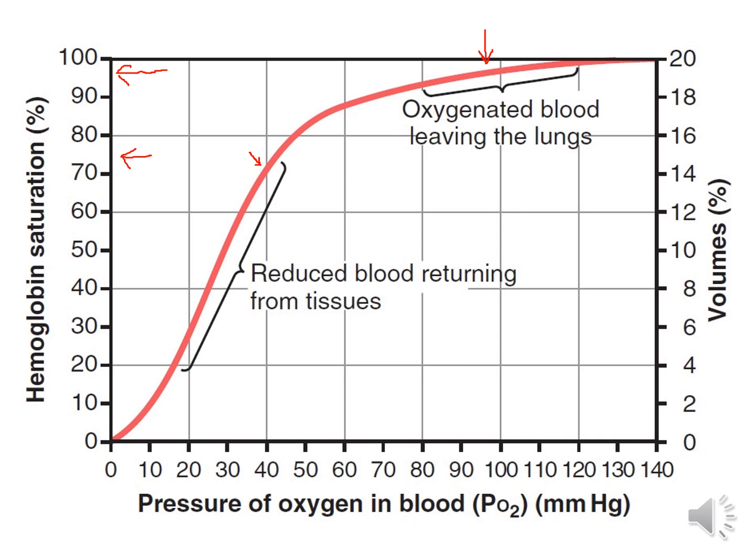And on the right side, the y-axis represents the hemoglobin saturation percent, and the range, as you can see, is from 0 to 100%. Please note that the oxygen saturation is 97% on the arterial side, and it's 75% saturation for the venous blood.